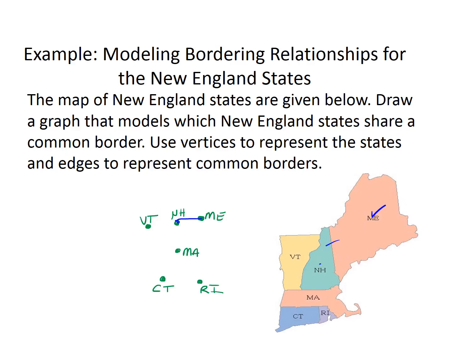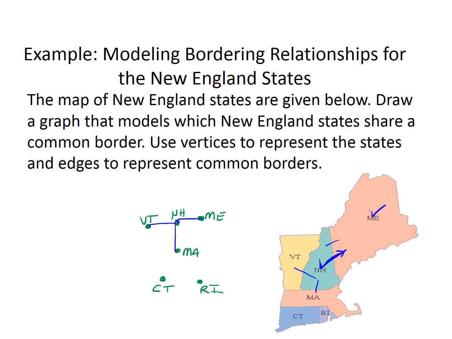And then next we'll look at New Hampshire, and of course we already have that it's connected to Maine, right? We just already did that. But we can also get to Massachusetts and Vermont. So from New Hampshire, we will draw an edge to Vermont and to Massachusetts. You're going to have to just look at each state separately.